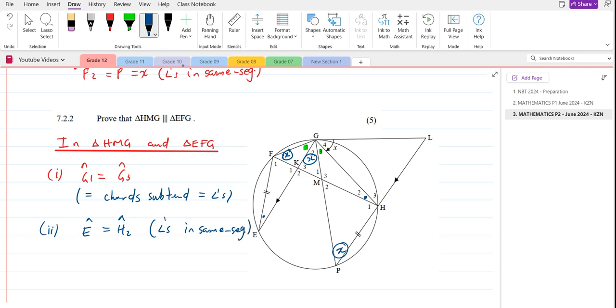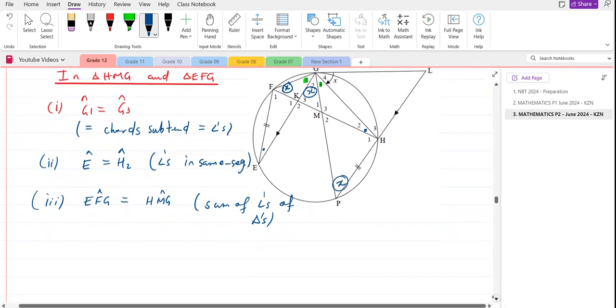Right, perfect. And then we got G1, and then we got angle F1 plus angle F2. The third one is just remaining angles, or angle EFG is now equal to angle GMH or HMG. Right, 3-point notation, you can use that, and we can say sum of angles of triangles. Right, so perfect. I can't believe I put 90 there.